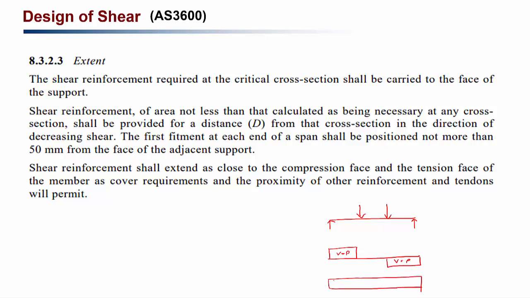Technically you will need to provide the shear reinforcement up to here only, because that's where the maximum shear force is. There is no shear force here, so you don't need to provide any shear reinforcement. But what it says is that you need to extend the shear reinforcement up to distance D from the cross section in the direction of decreasing shear. So you need to provide extra shear reinforcement for distance D on either side as well.